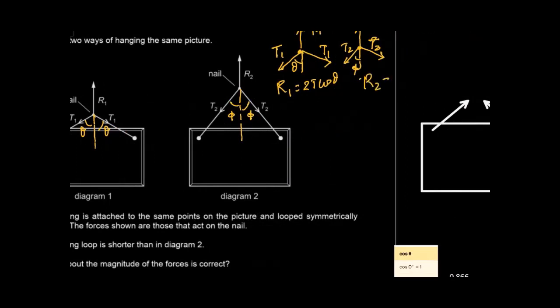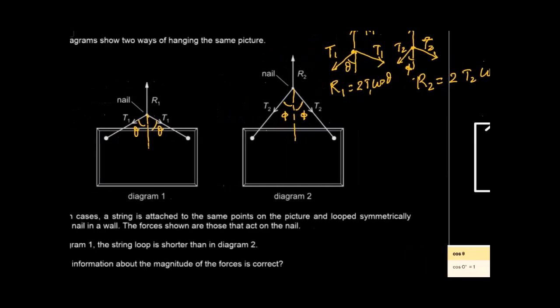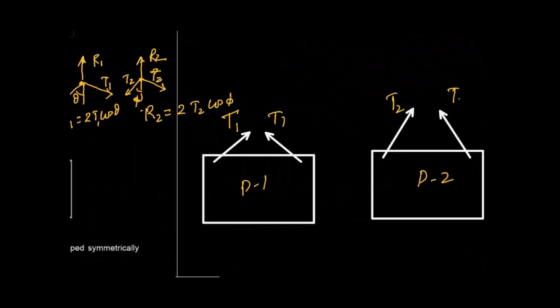For diagram 2, we can write r2 is equal to 2 T2 cos phi. This is T1, this is T2, this angle is theta, this is phi. And let's say it has some weight W.